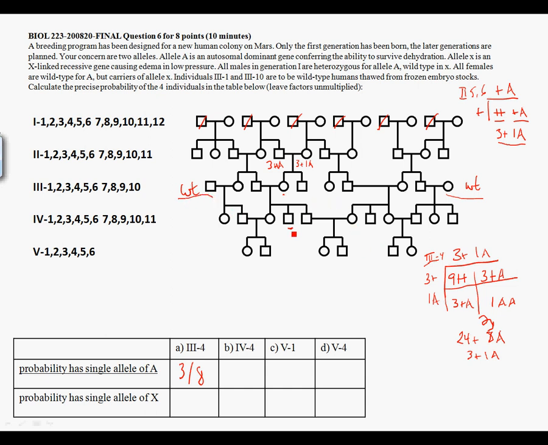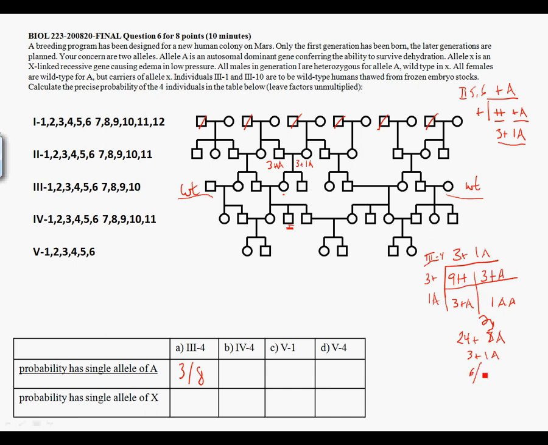So if we want to determine individual 4-4, well, we know both of the parents produce 3 to 1, 3 to 1. So he is actually the same as the previous problem, and the answer will be the same. That has a single copy of allele A. Well, that's 3 plus 3, which is 6. 6 divided by a total of 9 plus 1 plus 3 plus 3, that's 16.